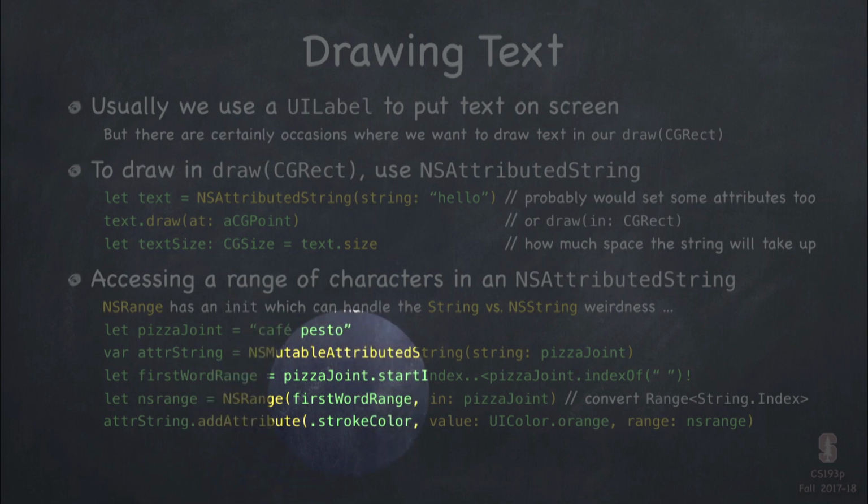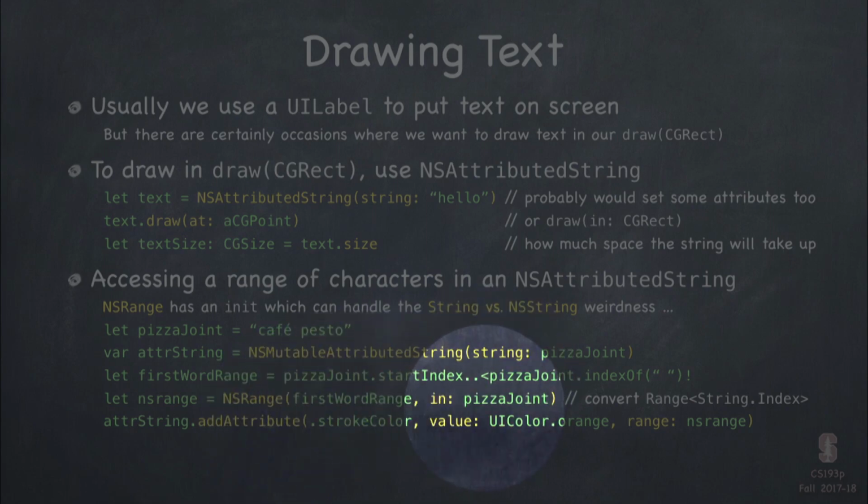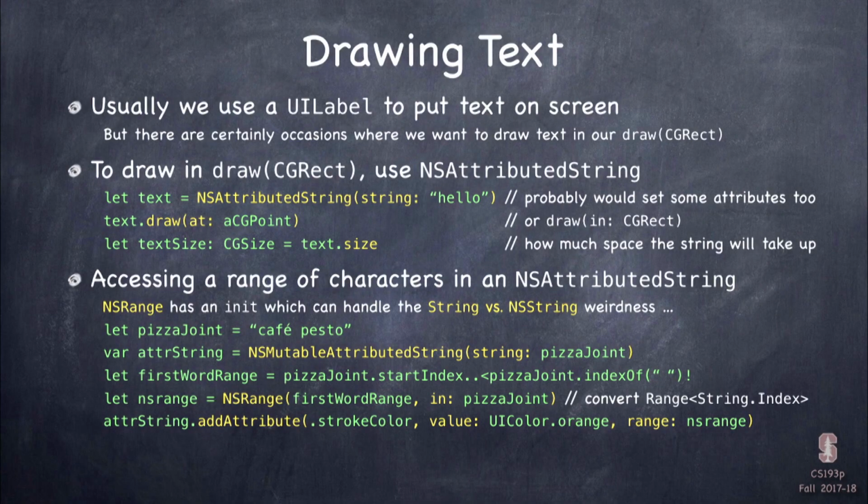So it takes a range and converts it into an NSRange, but it needs to know the string that those String.Indexes are into, right? So the combination of knowing the string and the String.Index range, it can crunch on that and change it into an NSRange that will work in an NSAttributedString. So that's the magic. NSRange: use the initializer that takes a range of String.Index and a string. It'll give you back an NSRange.